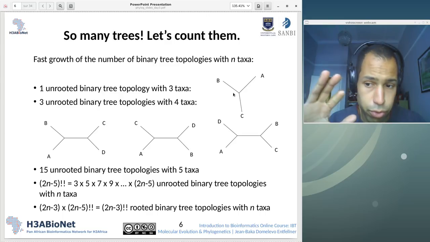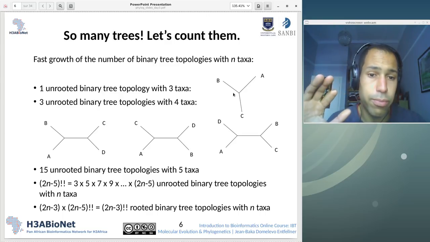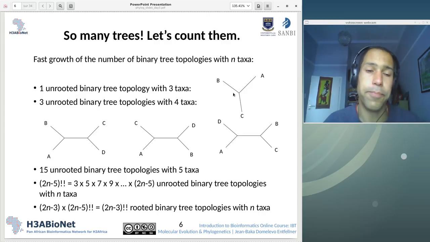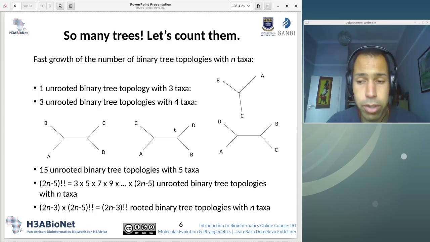We're going to talk in this slide about binary tree topologies, okay? So in a binary tree, all internal nodes have 3 neighbors, and external nodes, or the leaves, have only 1 neighbor.